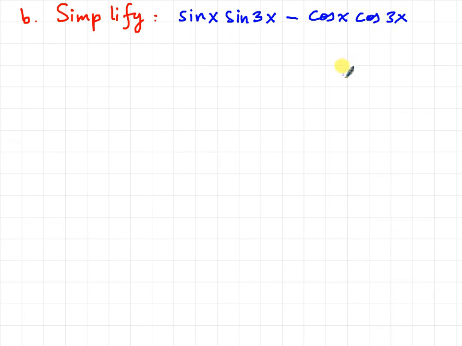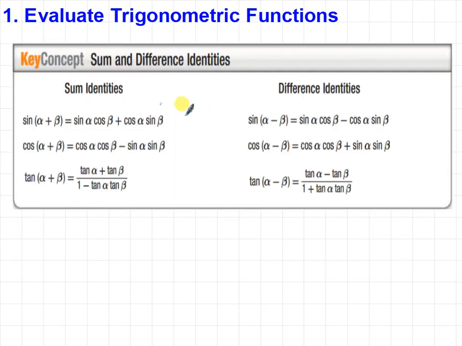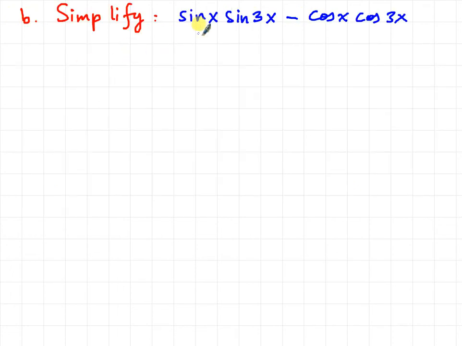So if you notice here in this example and the previous examples, we are kind of working backwards with those identities. We have the right hand side of the equation and we are going backwards. But here I have sine x, or sine, sine, cosine, cosine.